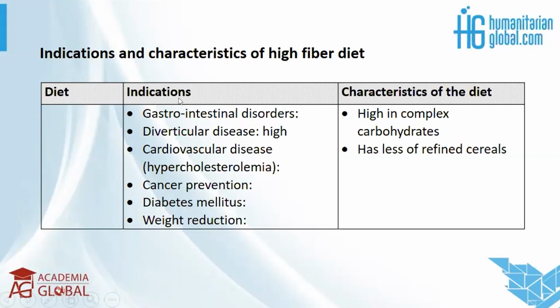So this diet, the high fiber diet, is indicated where we have some type of gastrointestinal disorders like diverticular disease, in cardiovascular diseases, in cancer prevention, in diabetes, in weight reduction. Characteristic of this diet is that it is high in complex carbohydrates. It has less refined cereals.